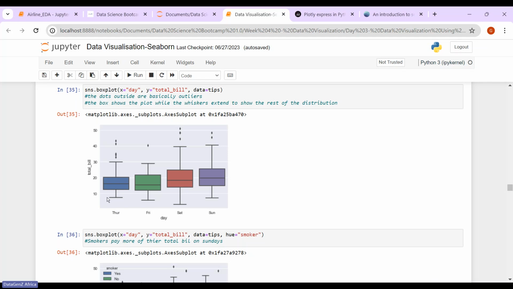The lowest amount that the person spent was maybe around 8. The highest money that they spent here is aggregated to 30, but then we have some outliers. Outliers are values that are out of range.